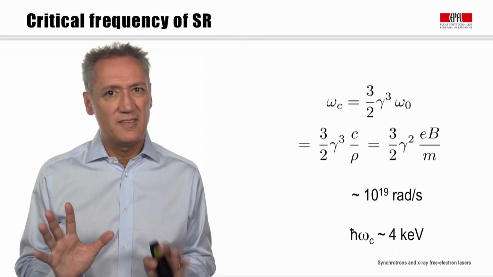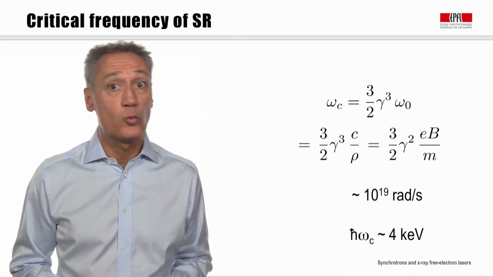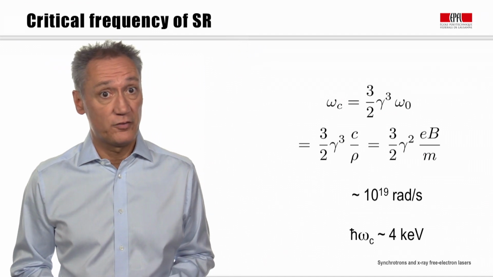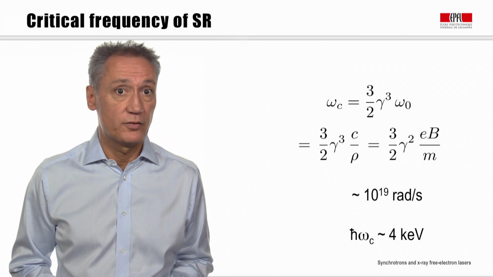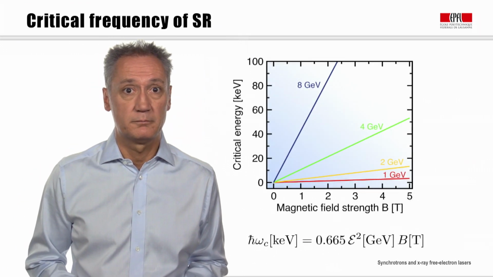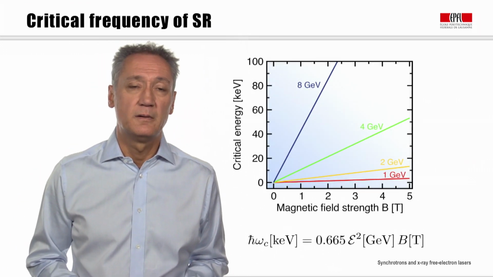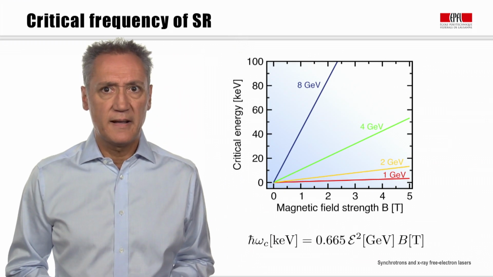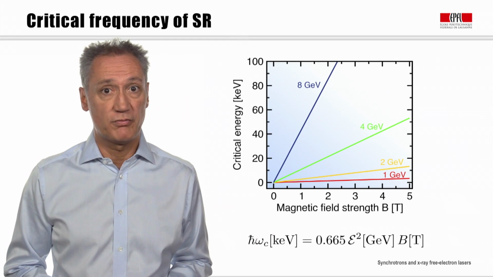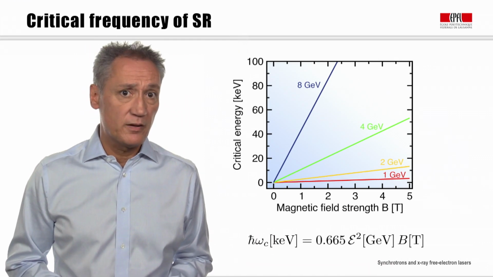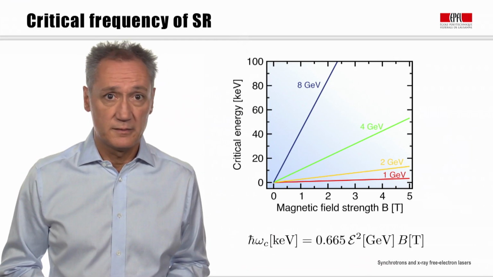In actuality, this can vary strongly due to its square dependence on gamma, the Lorentz factor describing the storage ring energy, plus its linear dependence on B. To repeat, the critical energy is linearly proportional to B and varies with the square of the storage ring energy. A practical expression for this is provided here.